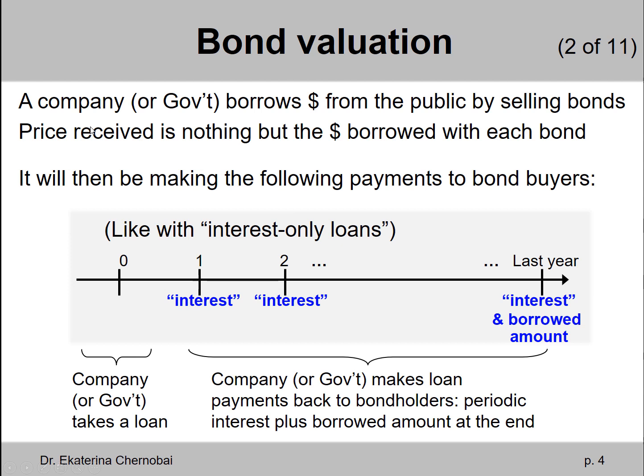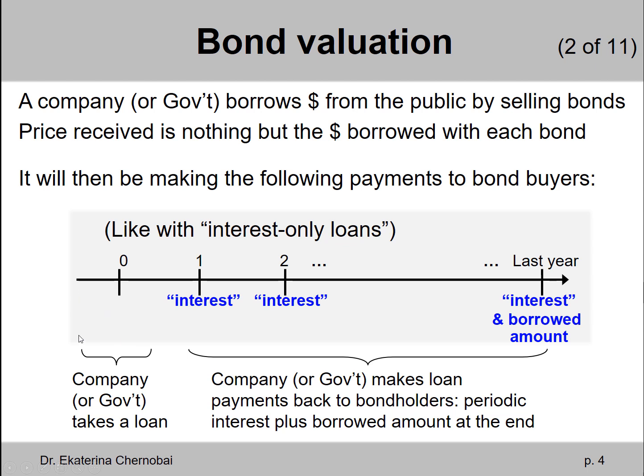So let's say a company or a government borrows money from the public by selling bonds, right? And so the price at which each bond is sold is exactly how much was borrowed by that company or government with each bond sale.